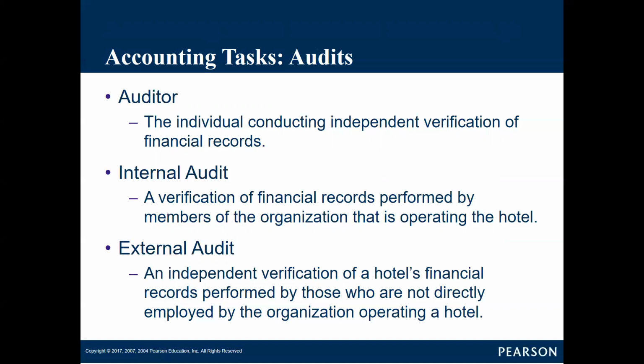It can be cost effective in multi-unit hotels. An external audit is an independent verification of a hotel's financial records performed by those who are not directly employed by the organization operating a hotel. Completely outside, independent, and it's usually a pretty good route to go.